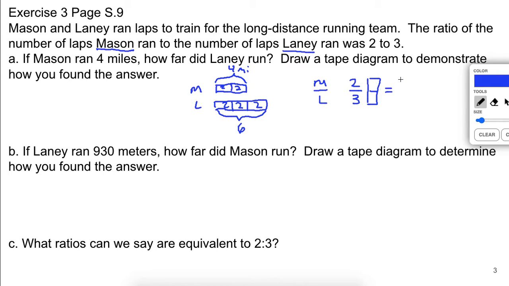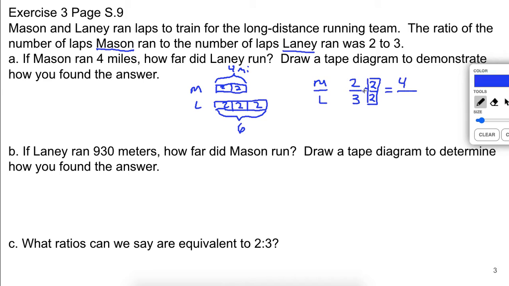We know the part we have is 4. And the missing part down here is what we've got to figure out. And we just ask ourselves, what do we multiply 2 by to get to 4? In this case, it's 2. The reason we call this a giant 1 is because we're multiplying by 1, so it has to be 2 over 2, or 3 over 3, or 4 over 4, whatever it is. Whatever we multiply the top by, we have to multiply the bottom by.